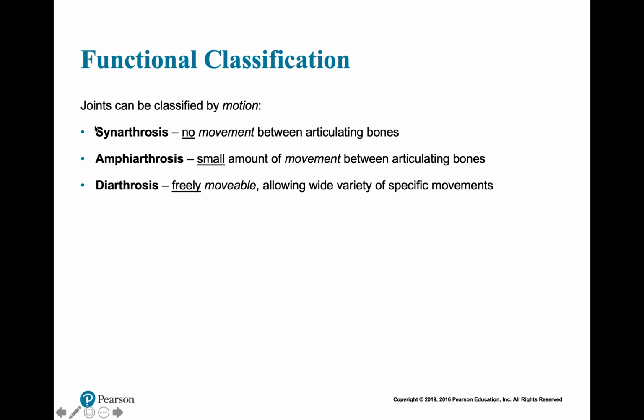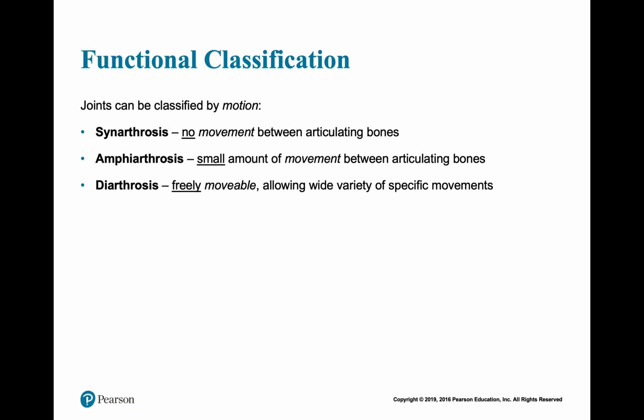If you hear the term synarthrosis, a synarthrotic joint is functionally non-movable. So no movement is allowed between these articulating bones. Synarthrotic joints would be the most stable of all the joints, right? You'll see that the more movement a joint allows, the less stable it's going to be.